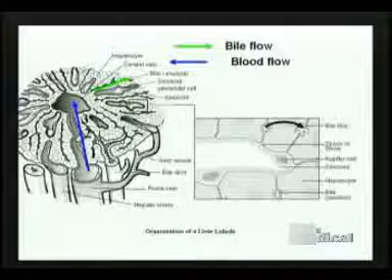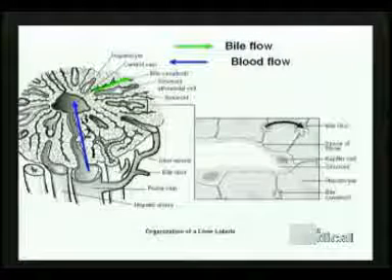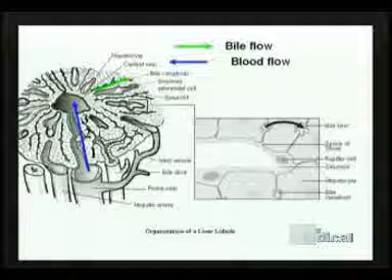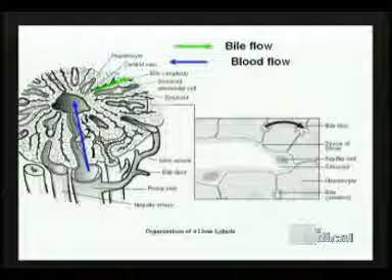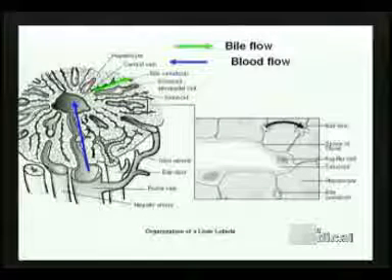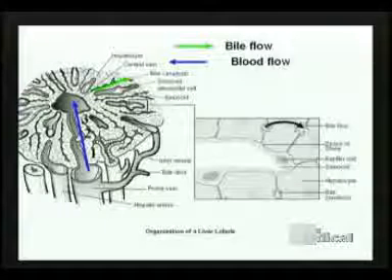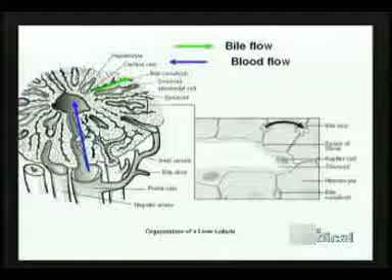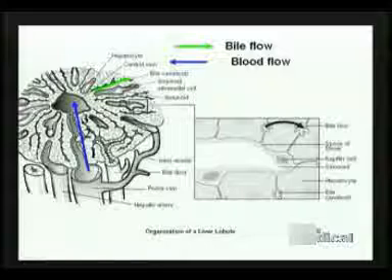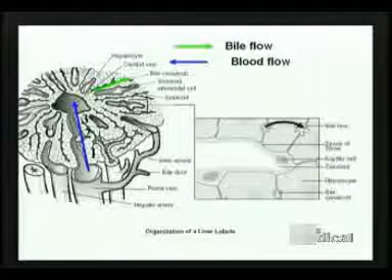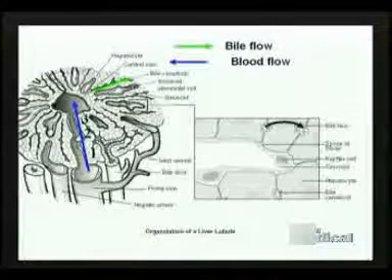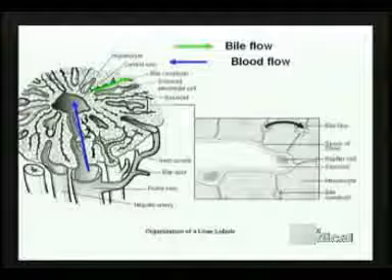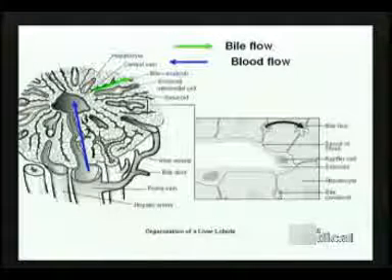So the 2 vascular structures at each portal triad are a tributary, a branch of the hepatic portal vein, and a branch of the hepatic artery, delivering either poorly oxygenated, nutrient-rich blood to the liver or oxygenated blood from the hepatic artery.